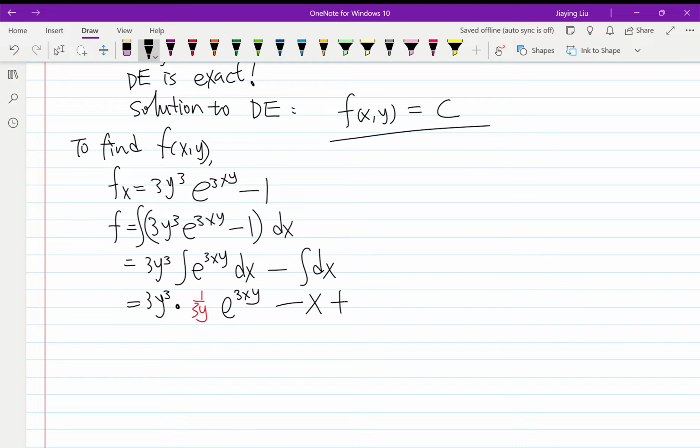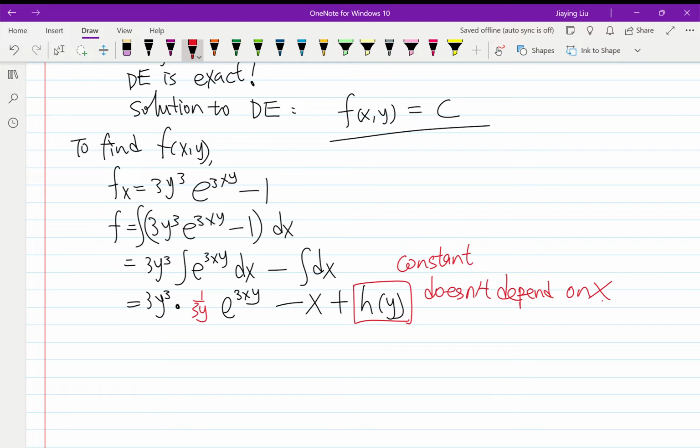So plus some constant term, which I'm going to call h of y, because this constant term doesn't depend on x. It might depend on y. Questions?